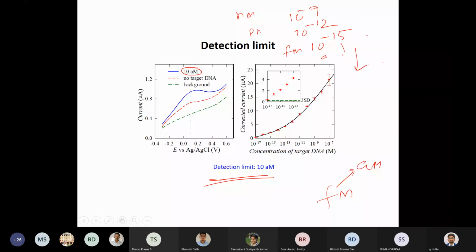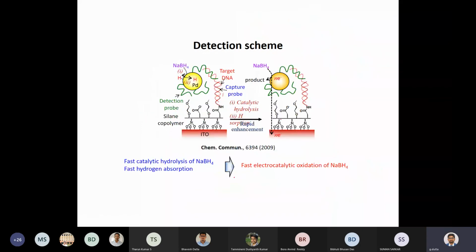So if you change the material, palladium and sodium borohydride treatment, it is a rapid enhancement. Okay, guys, is it fine?